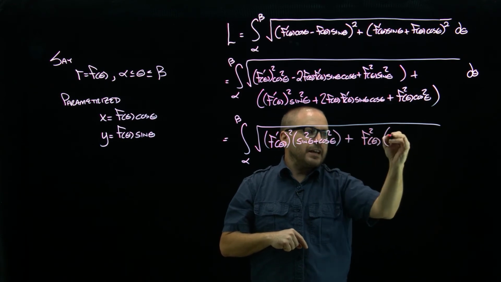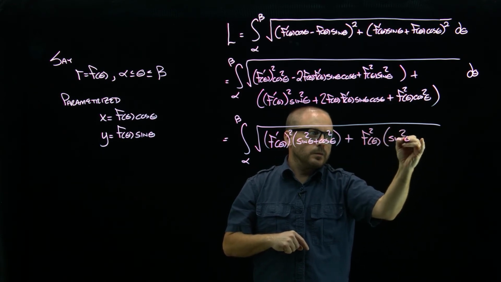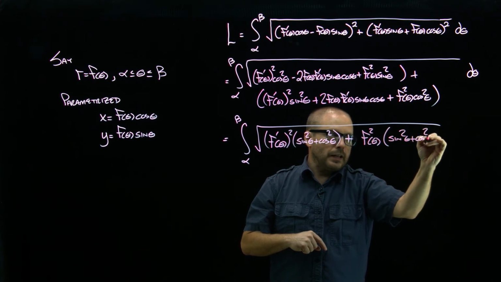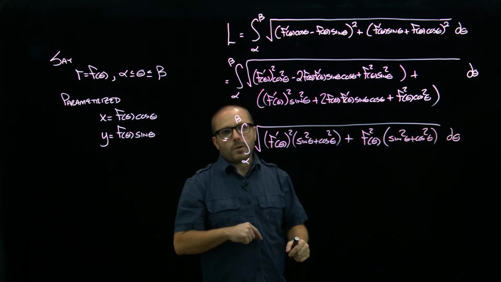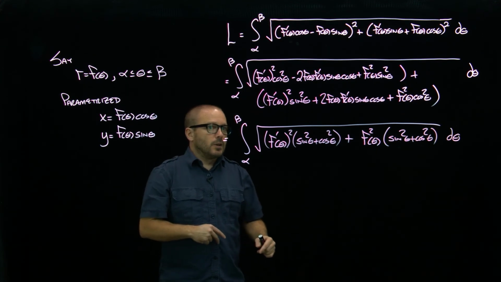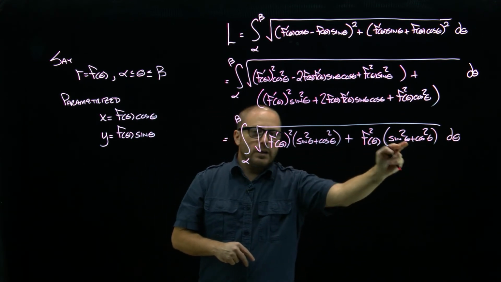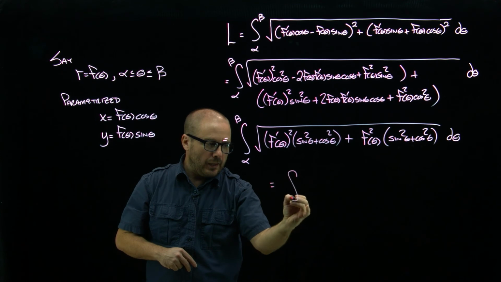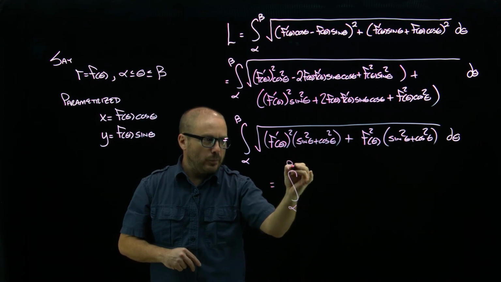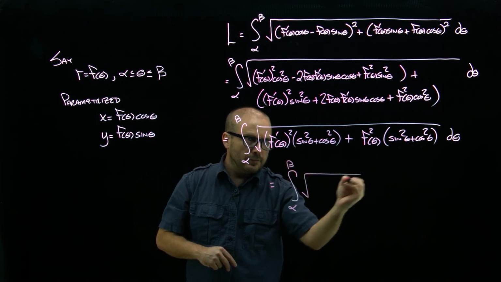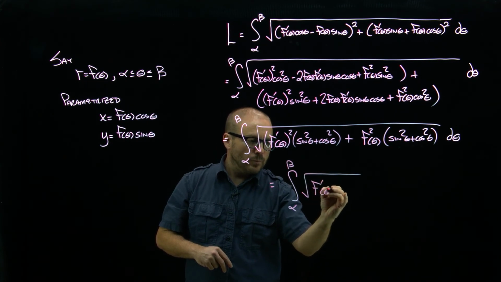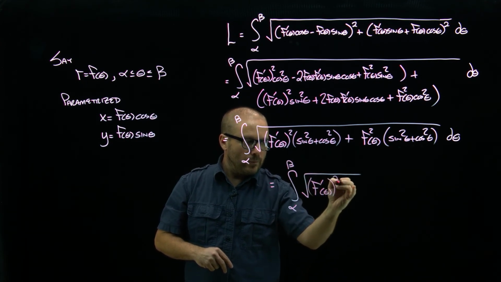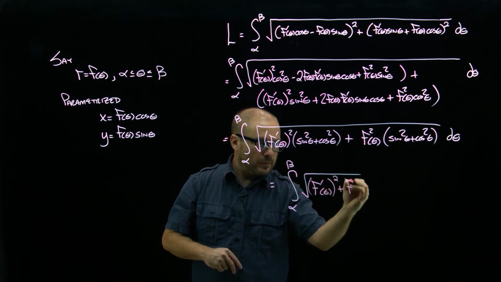And when you factor that out, you have sine squared plus cosine squared. But that is our classic Pythagorean identity. Sine squared plus cosine squared is 1. So that's 1. That's 1. So this whole thing is just the integral from alpha to beta of the square root of f prime squared plus f squared.